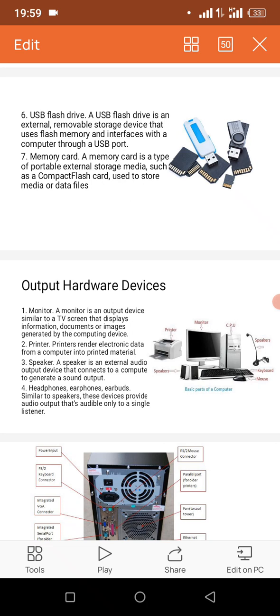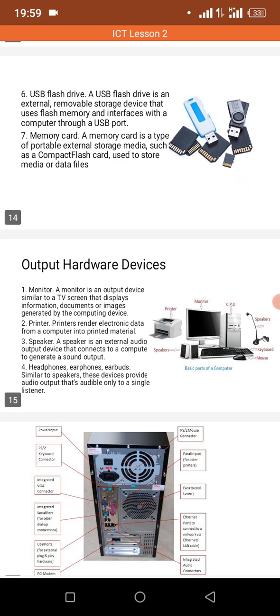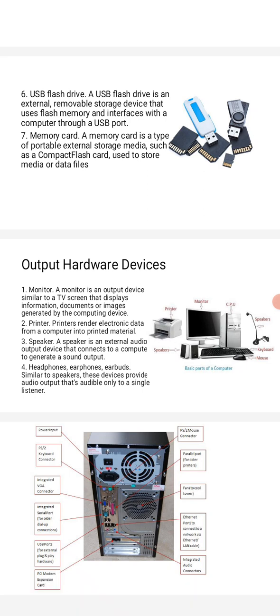Apart from that, we have a printer. Similarly, you command something from the computer that it should be printed, then it prints out. So it takes that information out and prints it. Speakers: you are playing music from the computer, then the speaker takes that music out. And then headphones. Speakers, headphones, and headsets are in the same line.